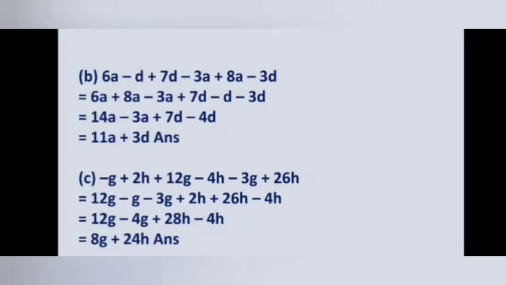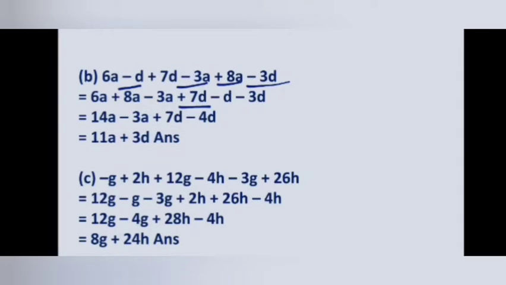So we have 6a plus 8a, then minus 3a, all with the same letter, which is a. Now that we have exhausted that, we go to the next letter, with a plus sign first, which is 7d, followed by minus d, then minus 3d.